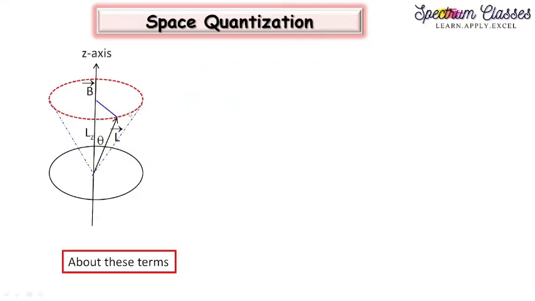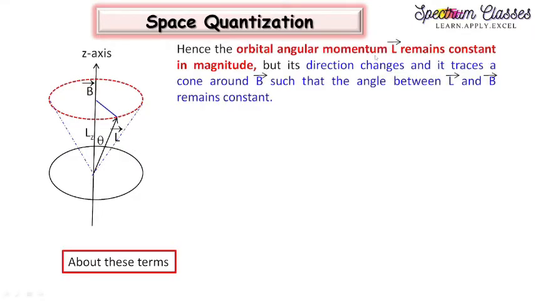In this way, we can say the orbital angular momentum L remains constant in magnitude, but its direction changes and it traces a cone about this B or Z axis, such that the angle theta remains the same between vector B and vector L.